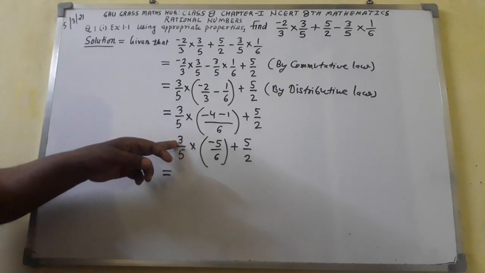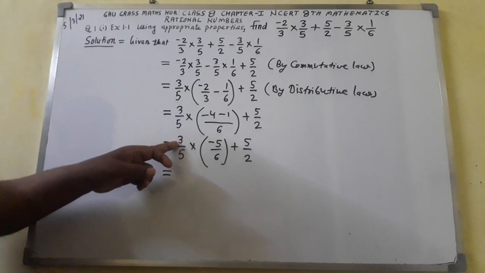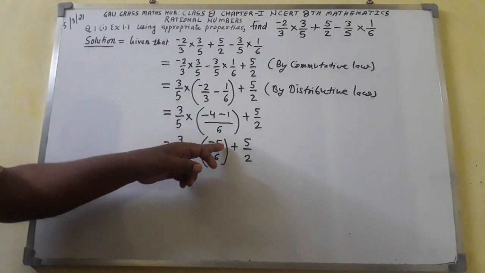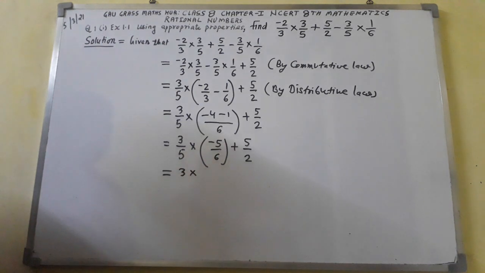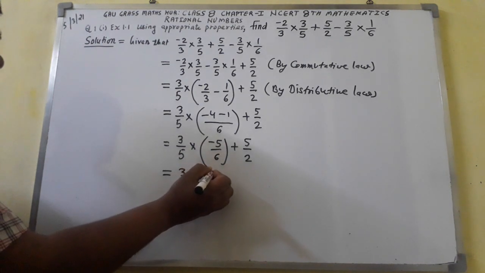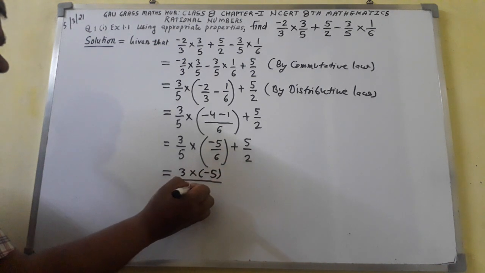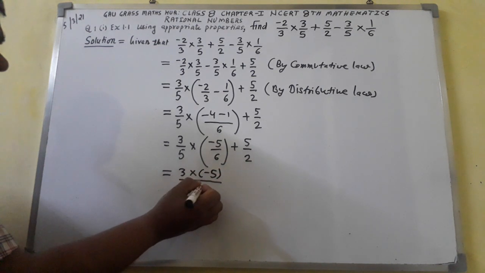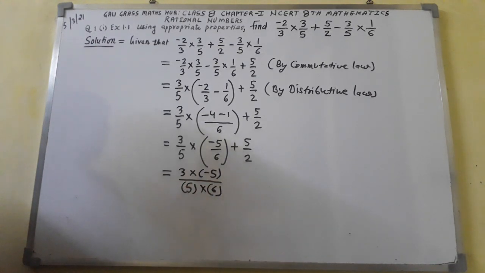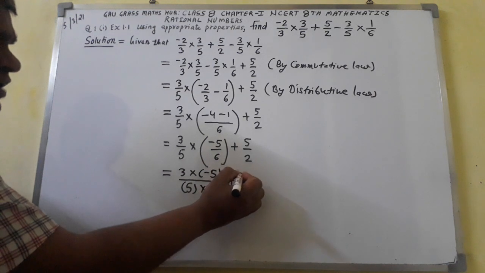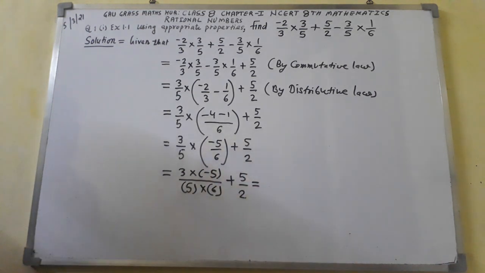The numerator will multiply to numerator. 3 will multiply to minus 5. So here you can write 3 multiply to minus 5 whole over 5 will multiply to 6, plus 5 over 2.